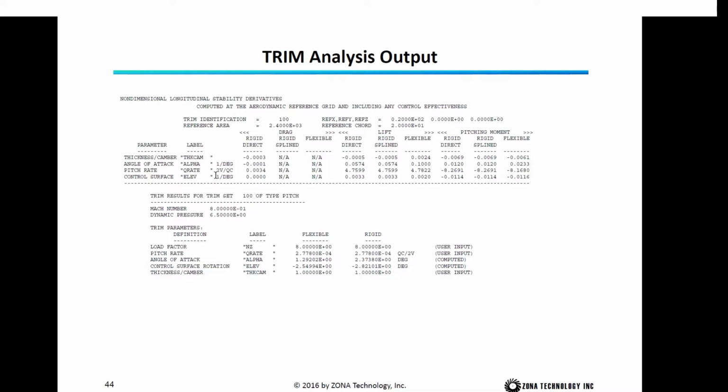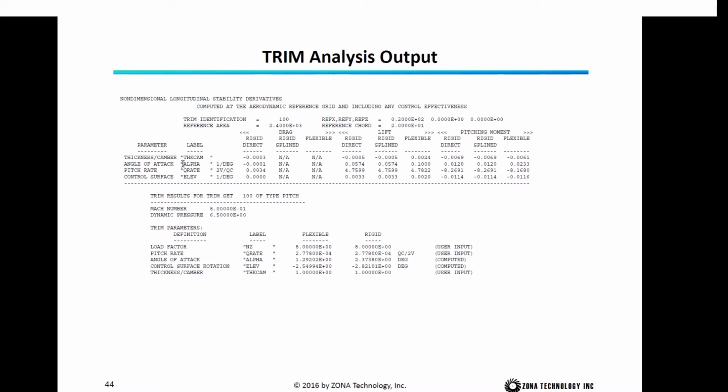It is a non-dimensional quantity, per QC over 2V. Also, you have a rigid value and a flexible value. For a control surface, for example, this is an elevator, it is per degree. You also have the rigid and the flexible value. Those are all stability derivatives.